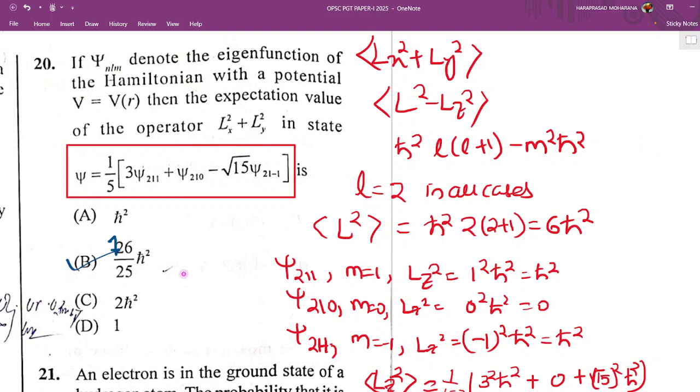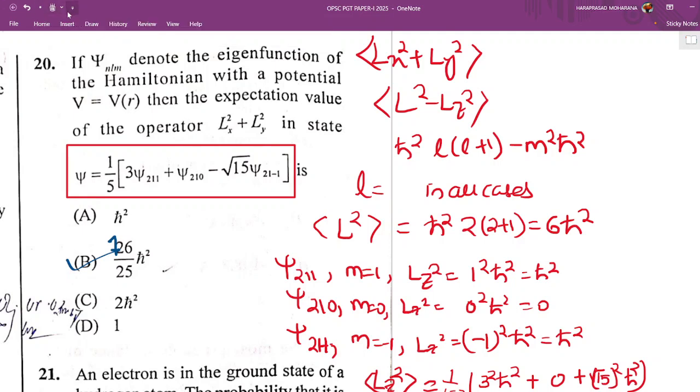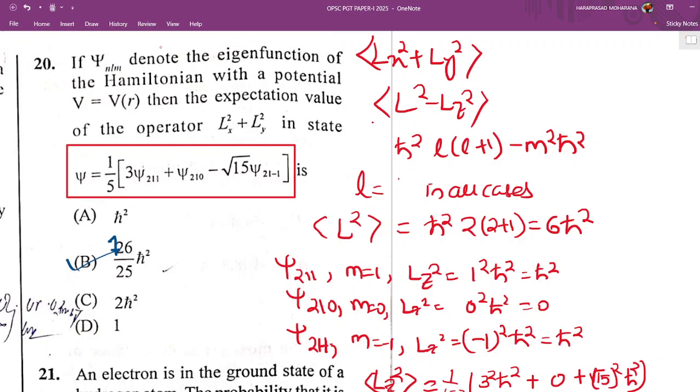Okay, so I have made a mistake here, let me correct it. I mistakenly wrote 2 here, so my calculation is wrong. L will be 1 here. So L is equal to 1.